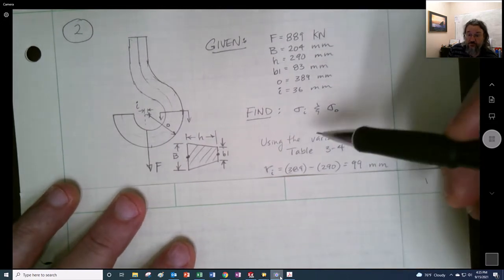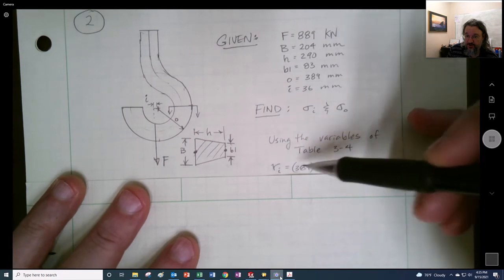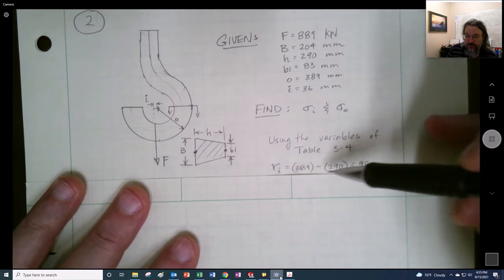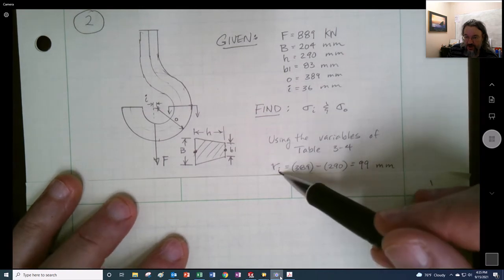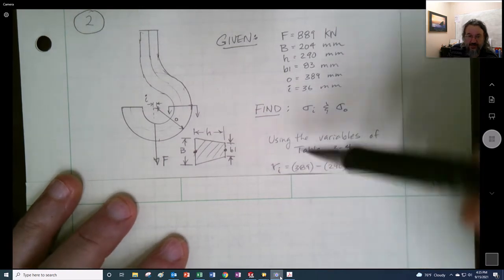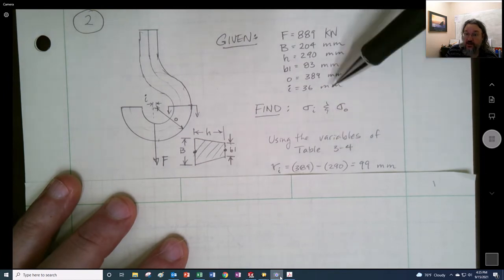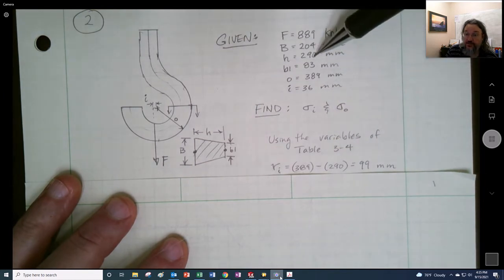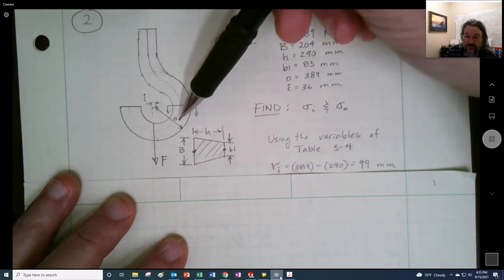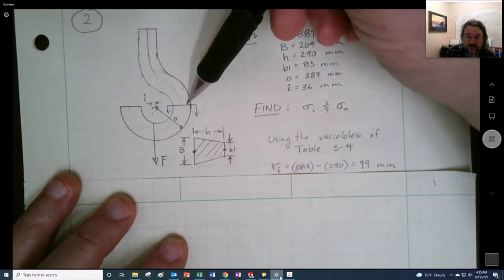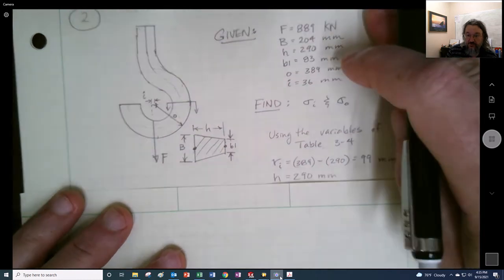one of the very first things we'll do in a lot of these problems is to try to figure out how the variables match up. So we have R_i. We can find that by subtracting the height from this O that they gave me. That'll give me this inside radius right here.